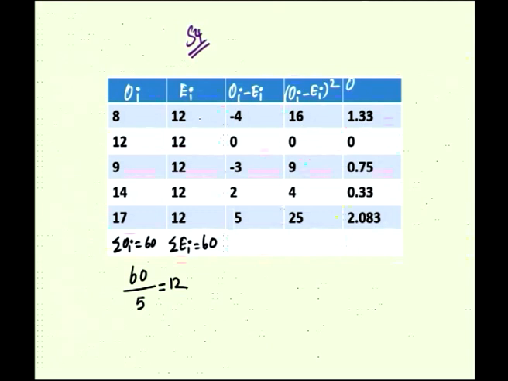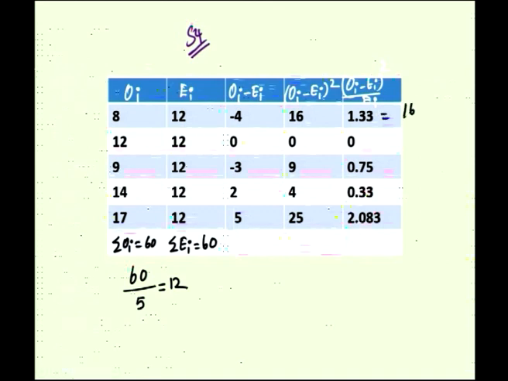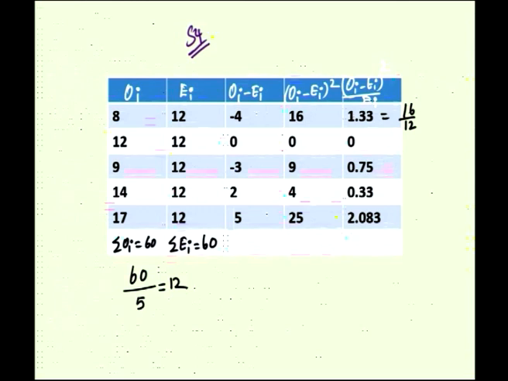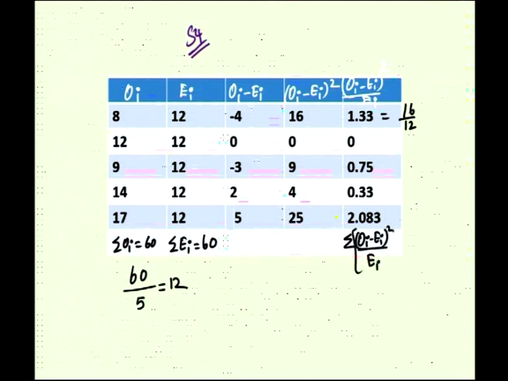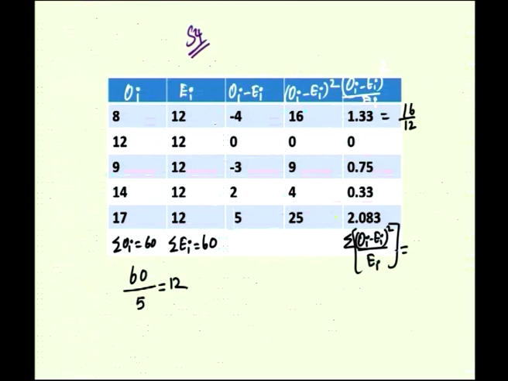Then this column is OI minus EI whole square by EI, that is 16 divided by 12, this is 1.33. Similarly, 0 by 12 is 0, like that this particular column is formed, and this column total is summation OI minus EI whole square by EI, and this summation value comes to be equal to 4.493.